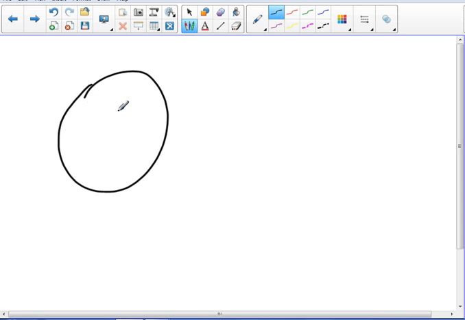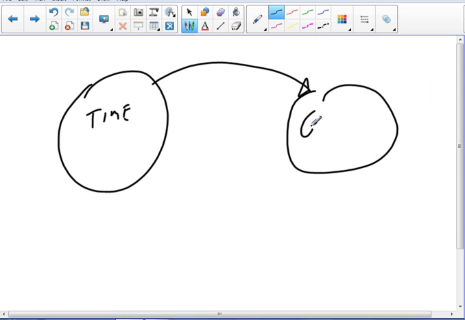We can take a problem in the time domain. I throw something up in the air, it comes down or whatever, and I can send it into a graphing domain where I can actually solve the problem, and then once I get the problem solved, I send it back to where it came from.